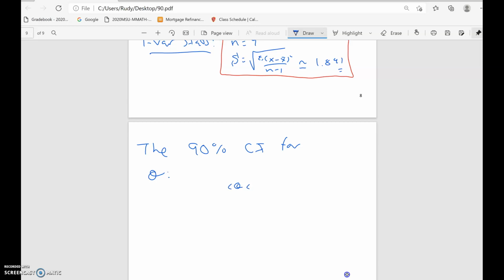Sigma is going to be between the square root of n minus 1 times s squared over the chi-square value on the left, and the square root of n minus 1 times s squared over the chi-square value on the right.